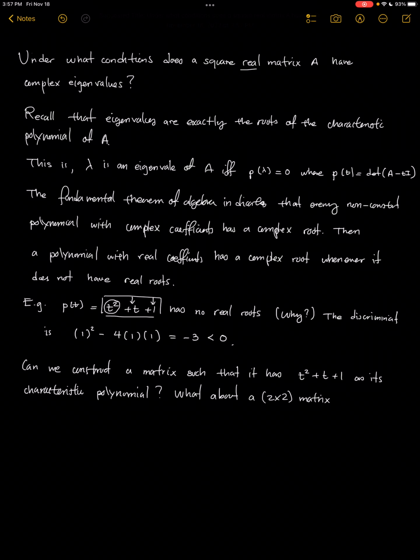So for that, let's try to see if we can answer a general question. So what about a polynomial of the form t squared plus a t plus b for a and b real numbers?